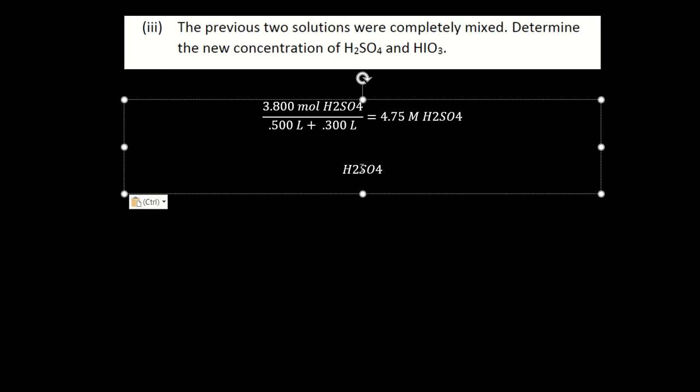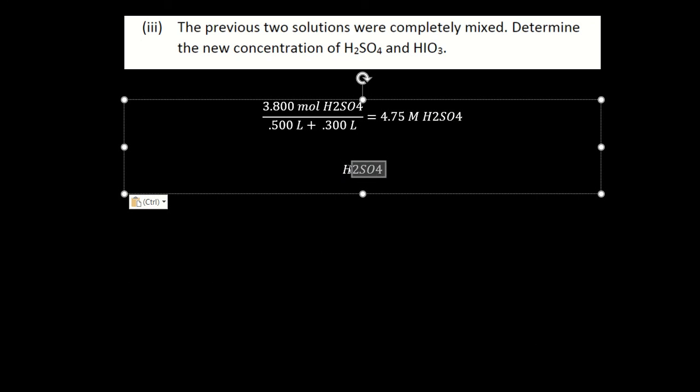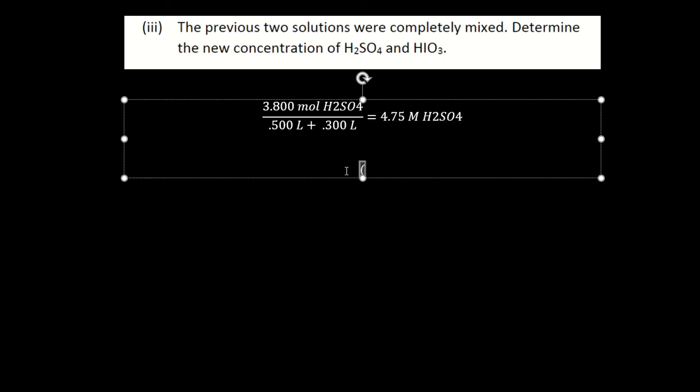Now, as for the iodic acid, that's going to be similar as well, because in part 2, we determined that we had 2.700 moles of HIO3, iodic acid.